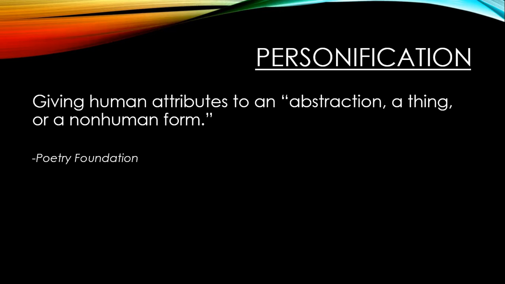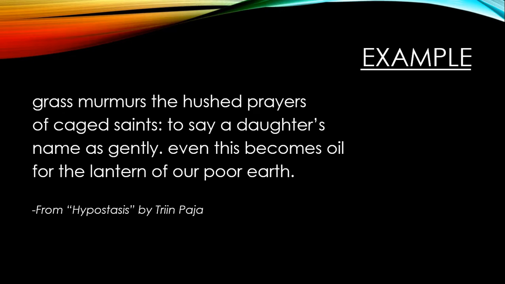Our next term is personification. Personification is giving human attributes to an abstraction, a thing, or a non-human form. A great example of personification is in these lines from the poem Hypostasis. Grass murmurs the hushed prayers of caged saints.